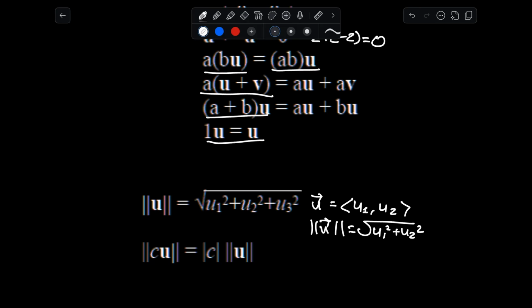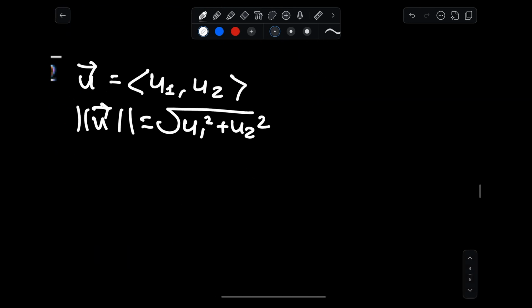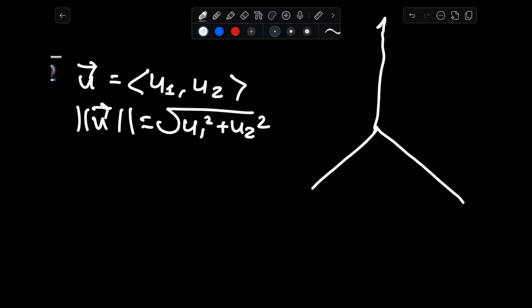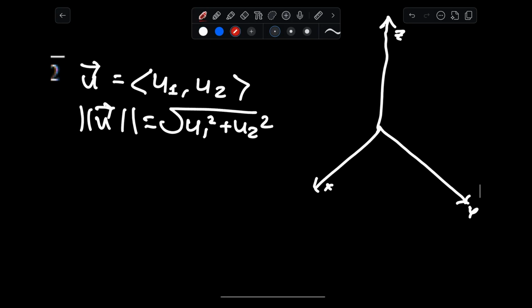However, now that we're in calculus 3, we're going to be operating with a lot of 3D vectors, right? So the way to explain how this would work is, again, we have our x, y, and z plane. We go in some direction x, we go in some direction y, and then we end up in some direction z.